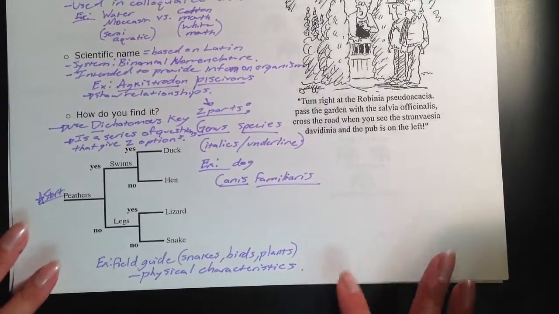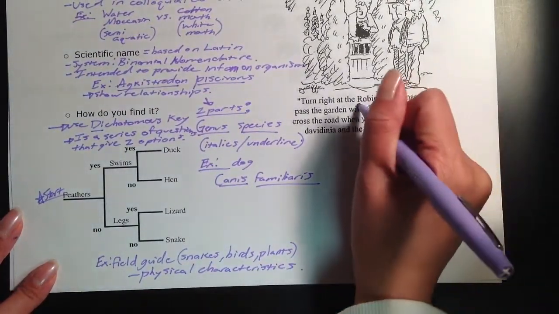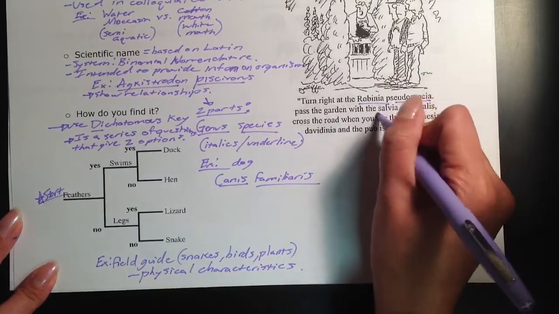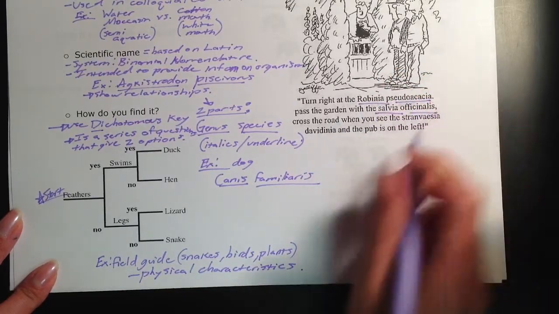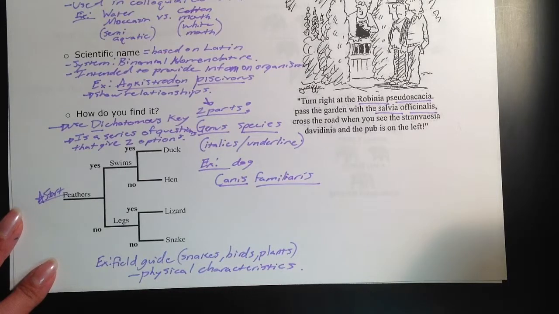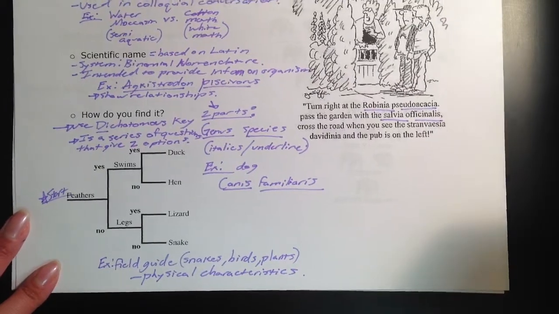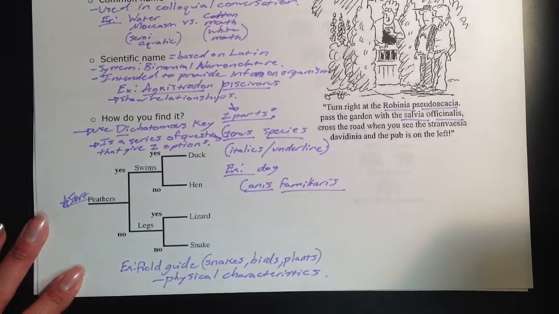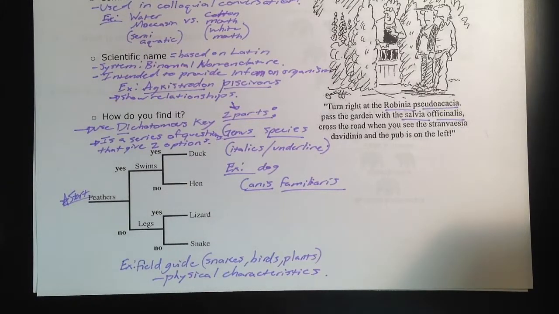So just keep in mind that the idea of our scientific names is that they're going to be much more accurate, and especially when scientists are communicating with each other from different countries, this does simplify that process as well.